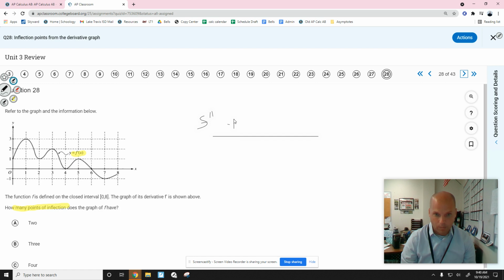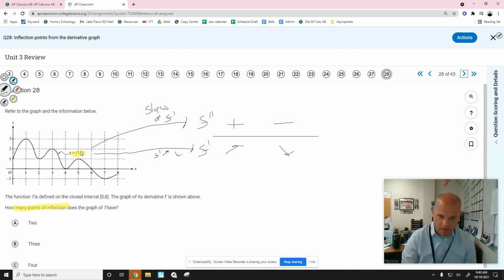The signs of F double prime, like this, which could be told by F prime going up and going down. Okay? If this is F prime, you can either look at F prime going up or going down, or you can look at the slopes, the derivatives of F prime, because the derivatives of F prime are going to be F double prime. So, F prime slopes are positive until 1.